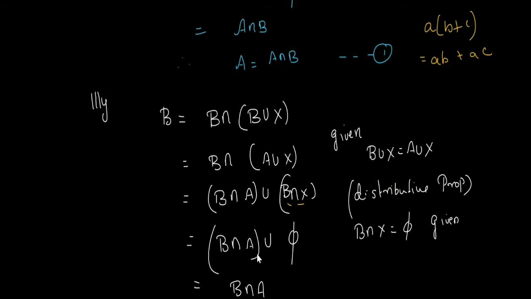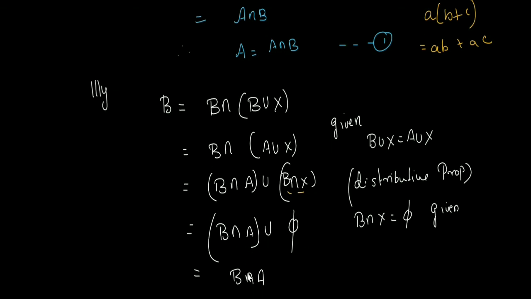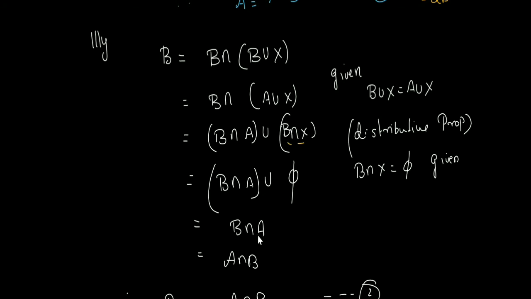So B intersection A union empty set. When you find the union of B intersection A with an empty set, the answer will be B intersection A. You can write B intersection A as A intersection B. Both will be equal because intersection of sets is commutative.